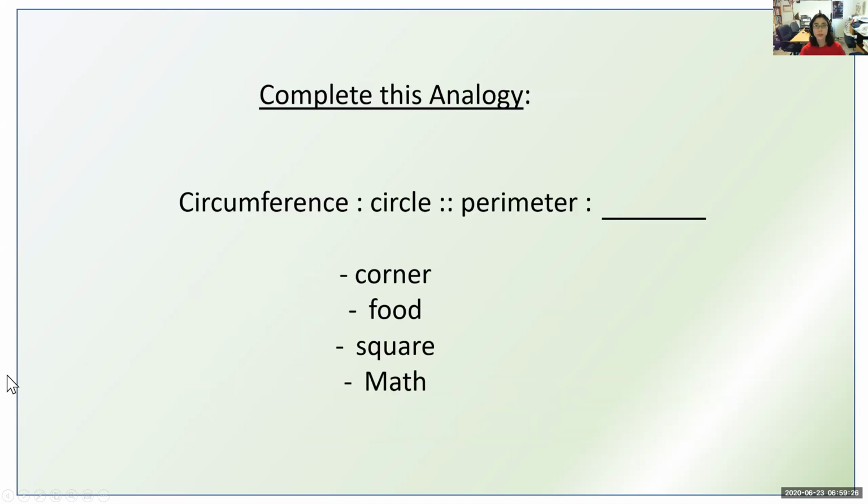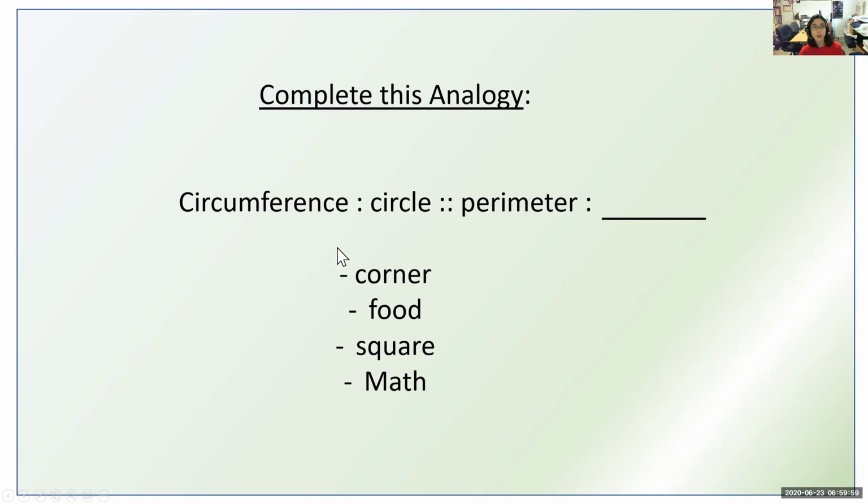Okay, so we are going to complete some analogies. I'm going to help you with the first couple of them. Circumference is to circle, just as perimeter is to, and our options are corner, food, square, or math. So let's go through these options one by one. First, we always have to have the bigger picture in mind. In this case, our first part of the analogy is circumference is to circle.